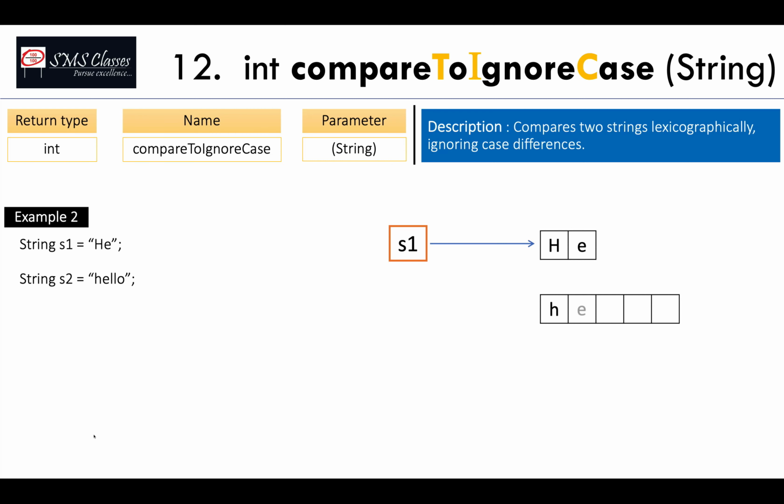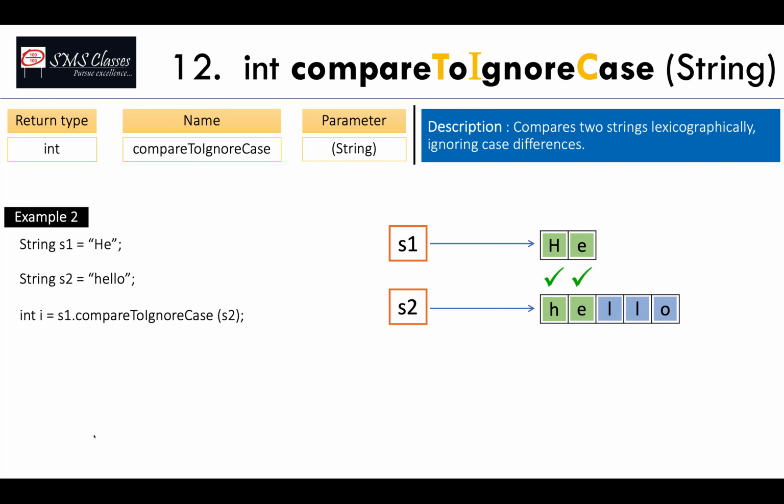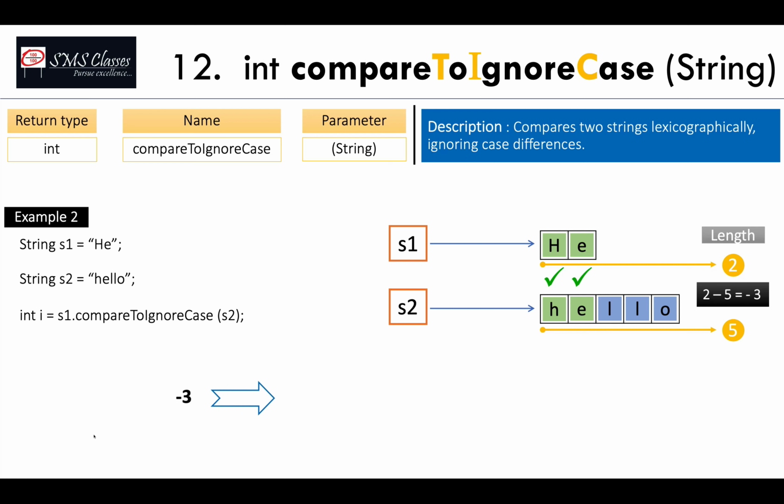As you notice, both the strings are not the same length, but still it compares letter by letter. The first H is the same and E is the same, but S2 has some additional characters. So the additional character difference will be the answer, that is minus 3. If the first string is "hello" and the second string is "he", it would have given you plus 3.